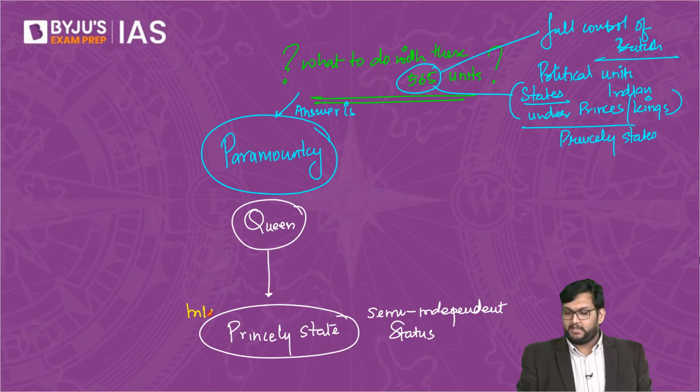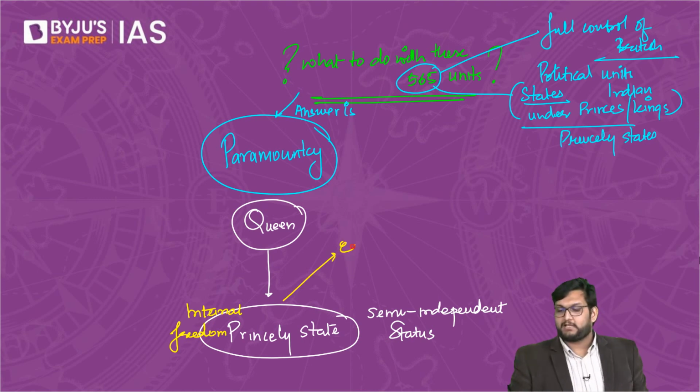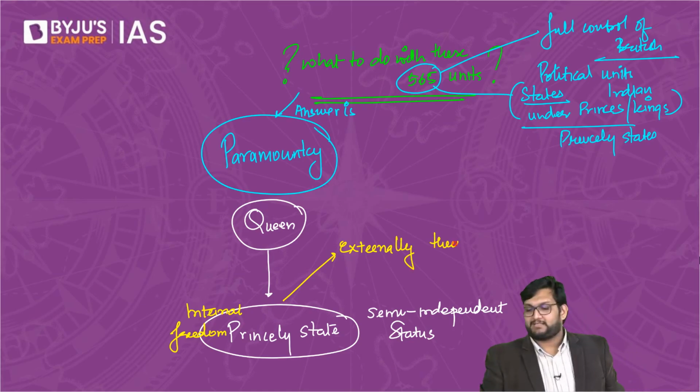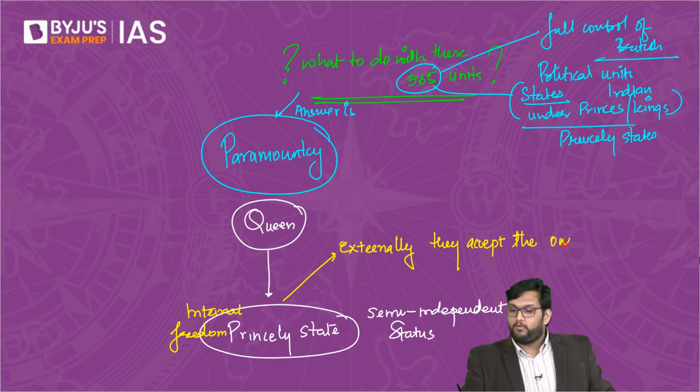They have internal freedom, but externally they accept the overlordship of the queen.